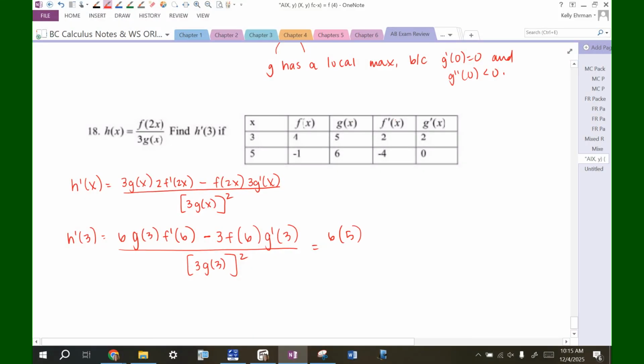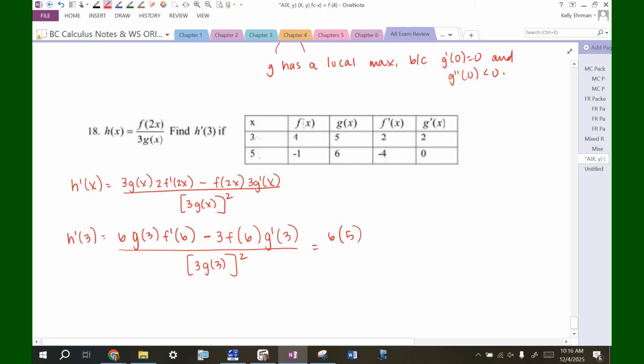f prime of 6. Oh, wait, why do I have 6 and not... What have I done that's going wrong here? Let's see. Oh, I have that my answer is... I wonder if I'm missing a line here.